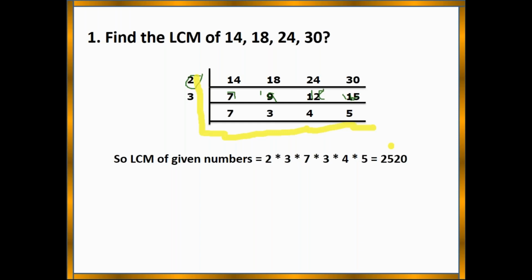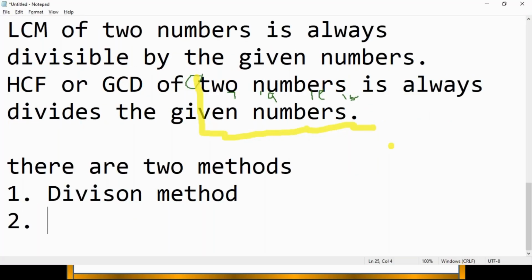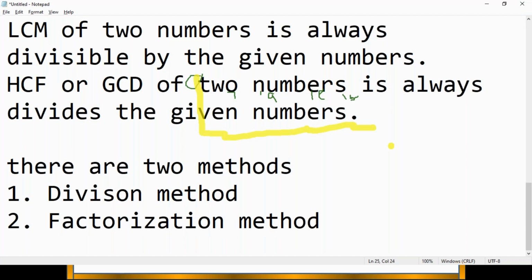This is the way you have to go for the LCM of the given numbers by using the division method. Whenever they give smaller numbers like 14, 18, 24, 30, the second method is the factorization method.